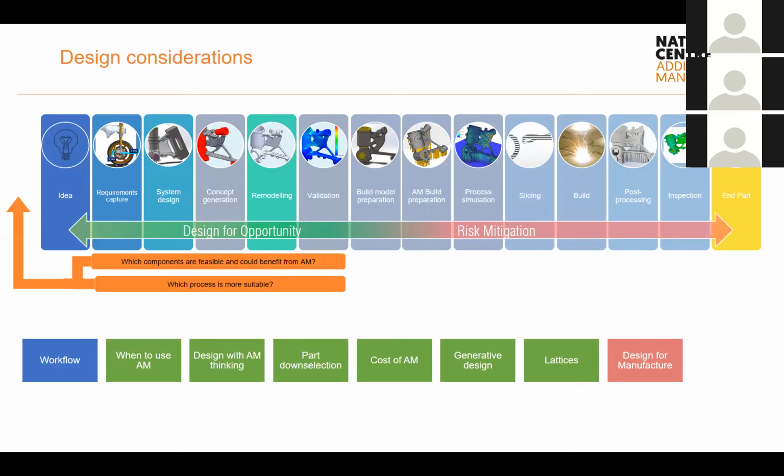What are the geometrical features that we should be taking into consideration? There are some specific ones. As well, how do we design for materials in additive manufacturing? Materials are different: we have different types of material, but the behavior of those materials is also different. So how do we look at them? That's a key element to understand when we design for additive.